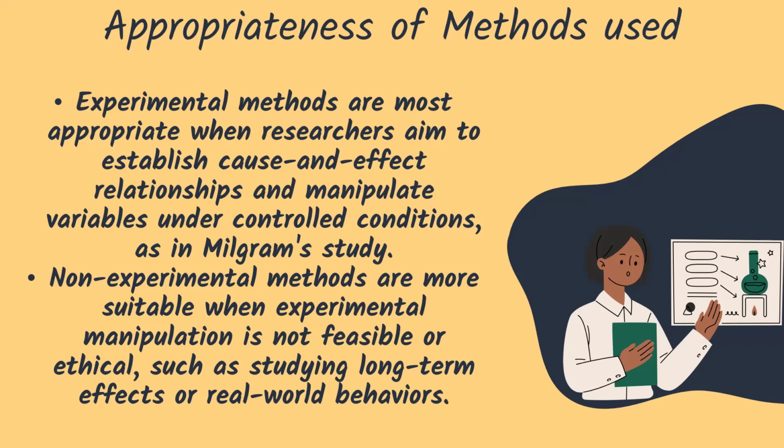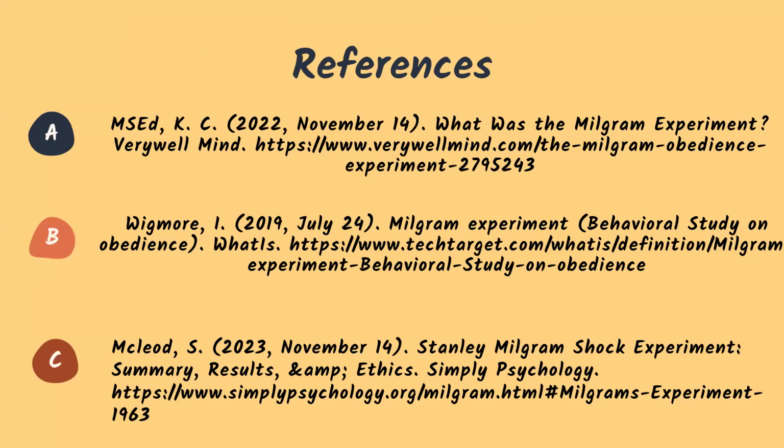Non-experimental methods are more suitable when experimental manipulation is not ethical, such as studying long-term effects of real-world behaviors. And I also referenced each source in my presentation. So that's all from my side, Professor.